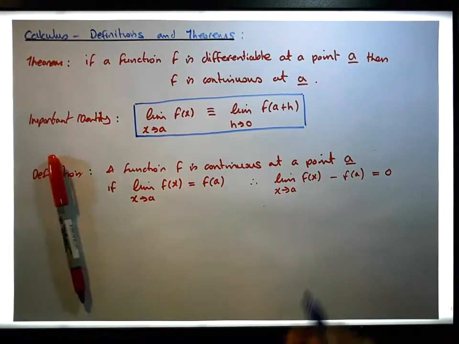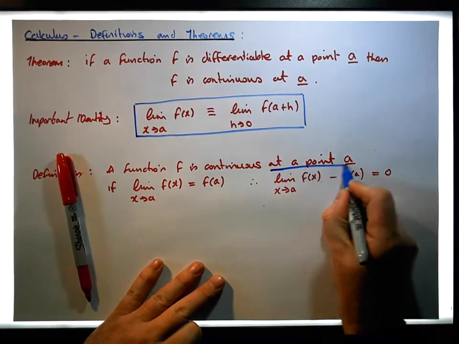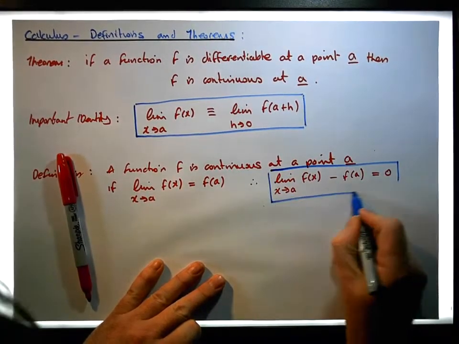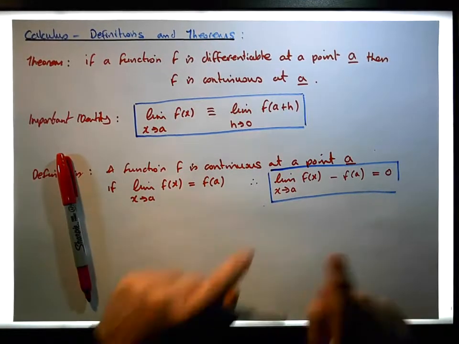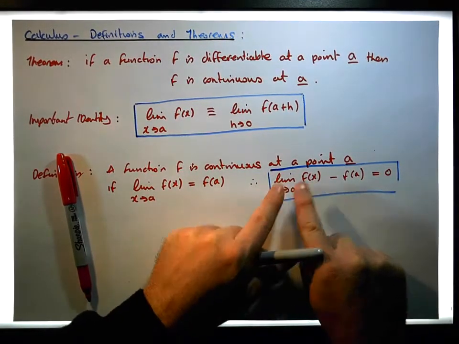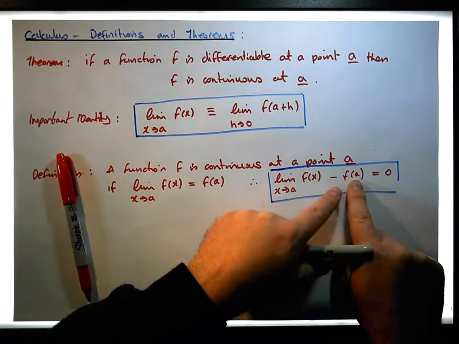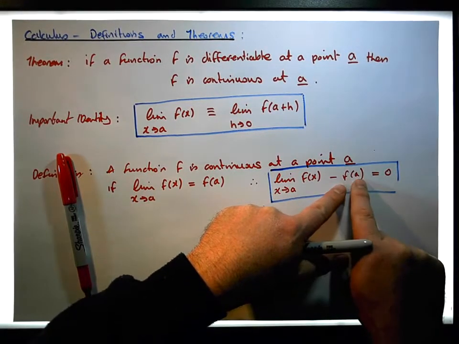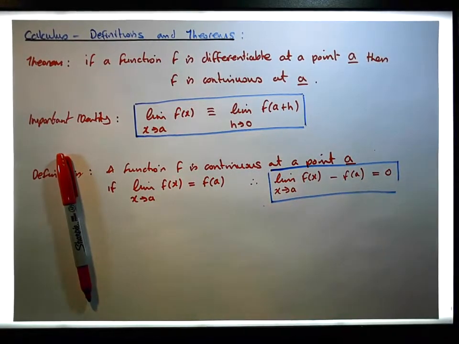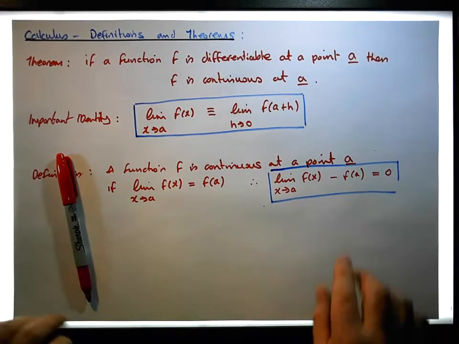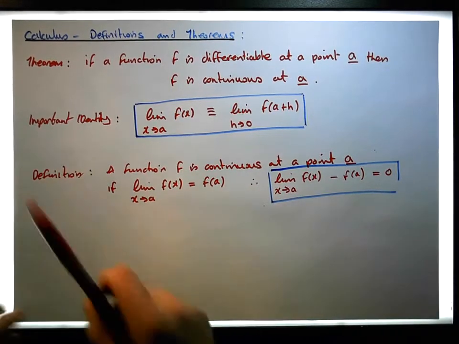If we want to test whether a function is continuous, we evaluate the limit as x tends to a, subtract from it the function evaluated at a, and if we get 0, then we know that the function is actually continuous.